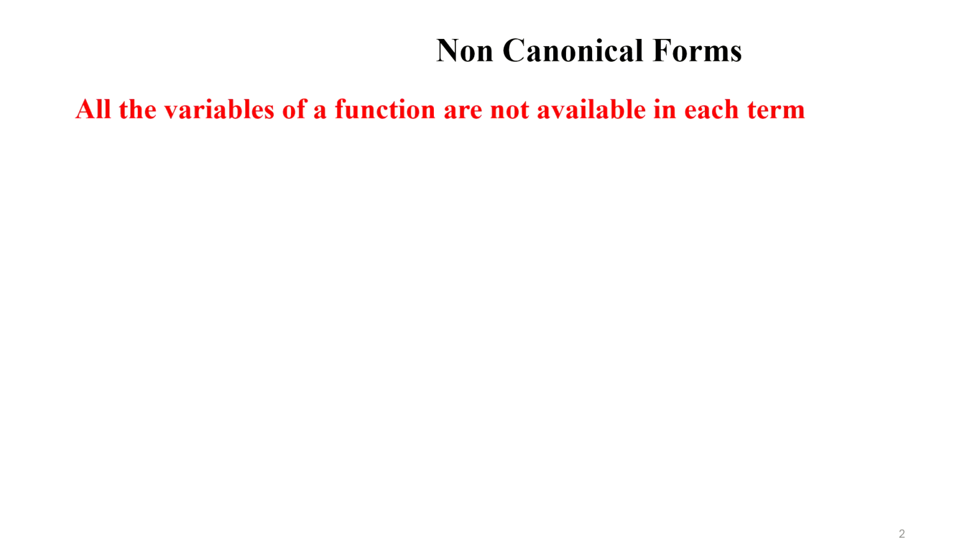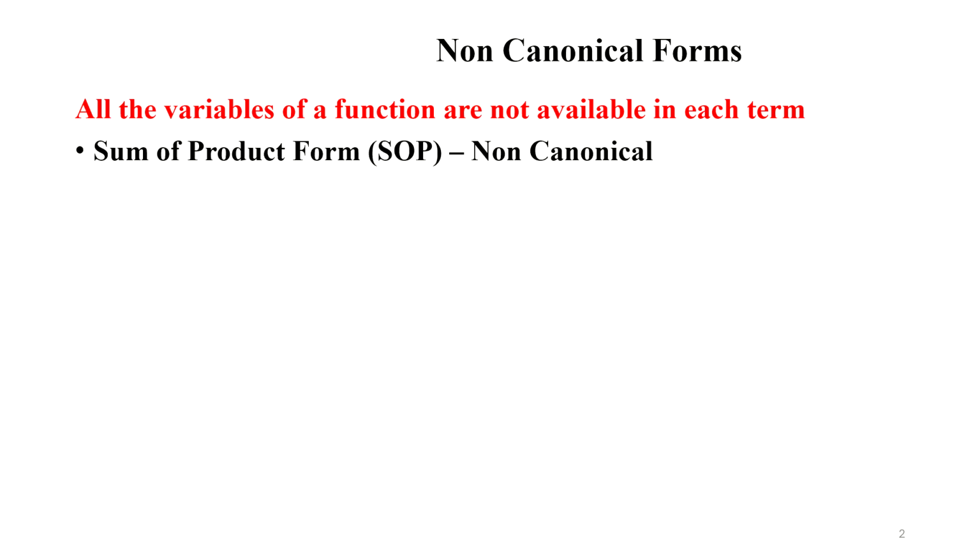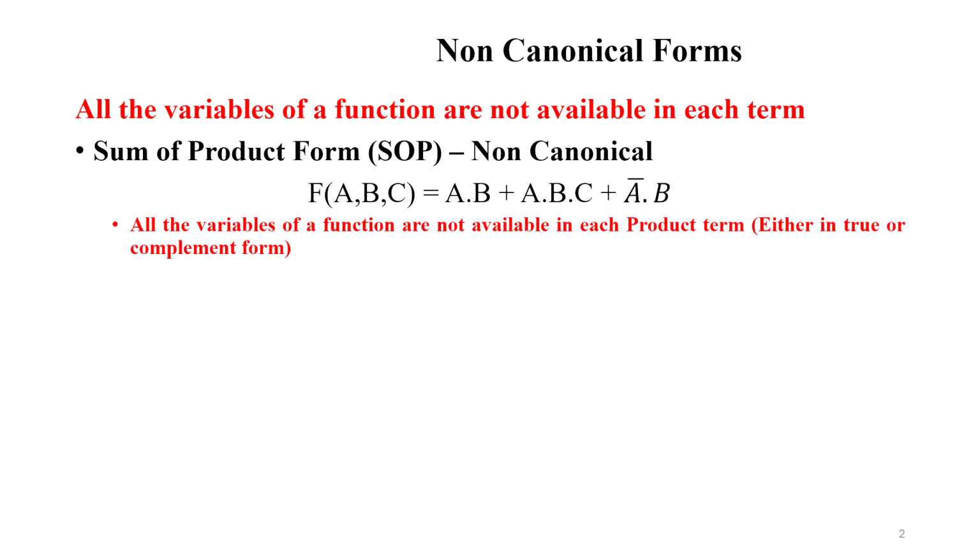Now another term is non-canonical and canonical. Let us start with the non-canonical forms. If all the variables of a function are not available in each term, for example, in the non-canonical SOP form, here you can see a function of A, B, C: a dot b, so c is missing here.